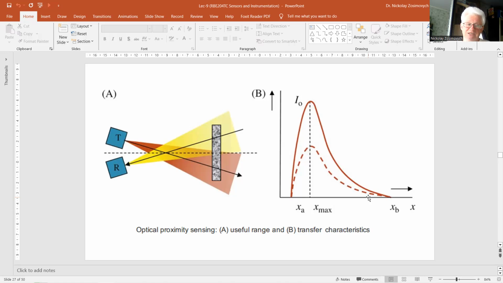For instance, changes in the target reflectivity, the intensity of the emitter, and the sensitivity of the receiver all contribute to a change in the output signal. The effect of different reflection coefficients is depicted in the right figure, figure B, where the upper curve refers to a surface with a relatively high reflectivity, and the lower dotted one to a more absorbing surface.